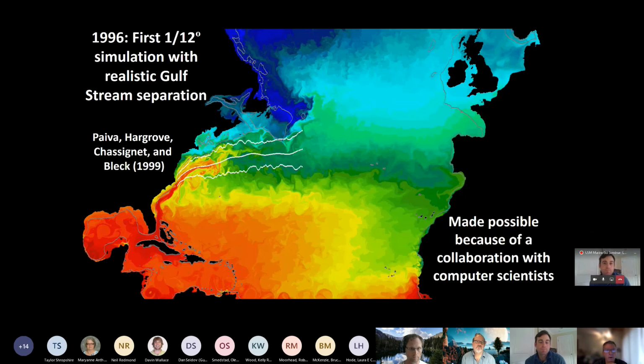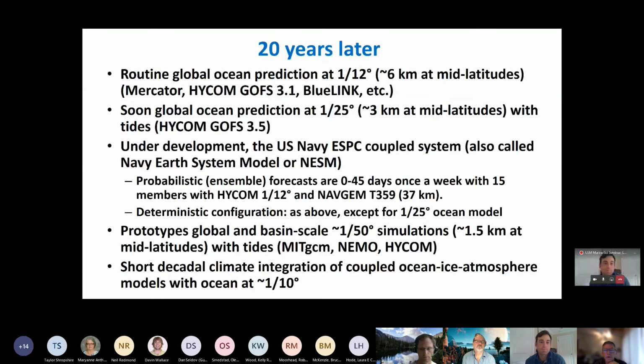And then there were a couple of papers that were published a few years after that. Now, about 20 years after these publications, those types of models are global, and they are routinely used for ocean prediction, like the Mercator in Europe, the HYCOM-based GOFS at NRL, BLUElink in Australia, and so on.